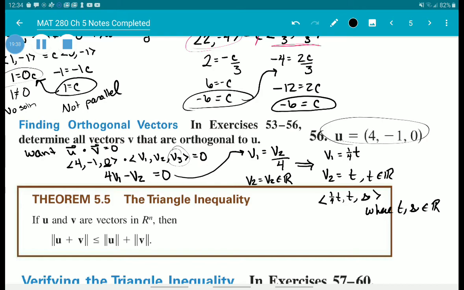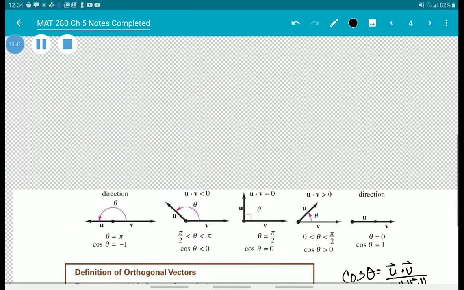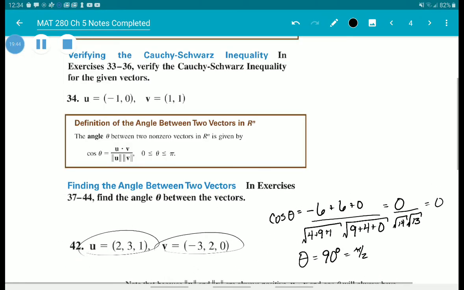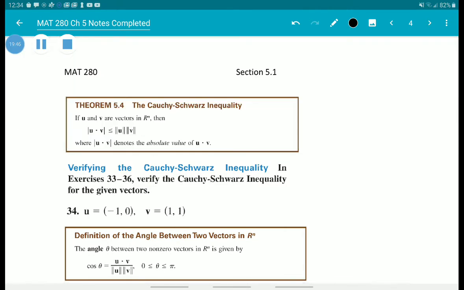So now I want to talk about just a couple of different theorems. One of those is, if I go back to the previous page, Cauchy-Schwarz. So the Cauchy-Schwarz inequality says if u and v are vectors in Rn, then the absolute value of the dot product is less than or equal to the magnitude of u times the magnitude of v.